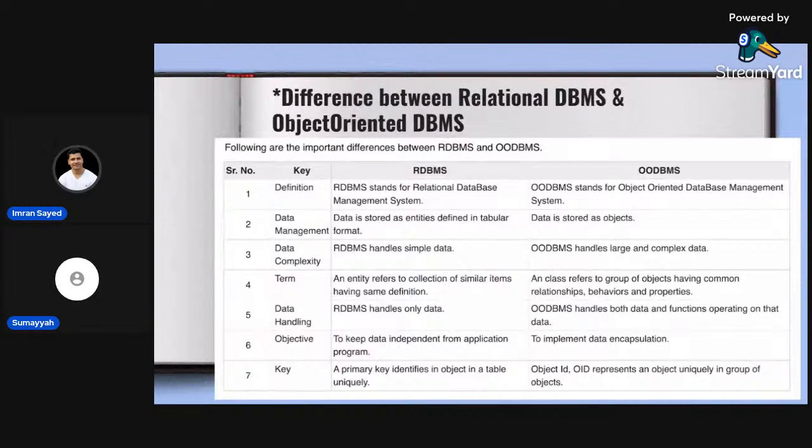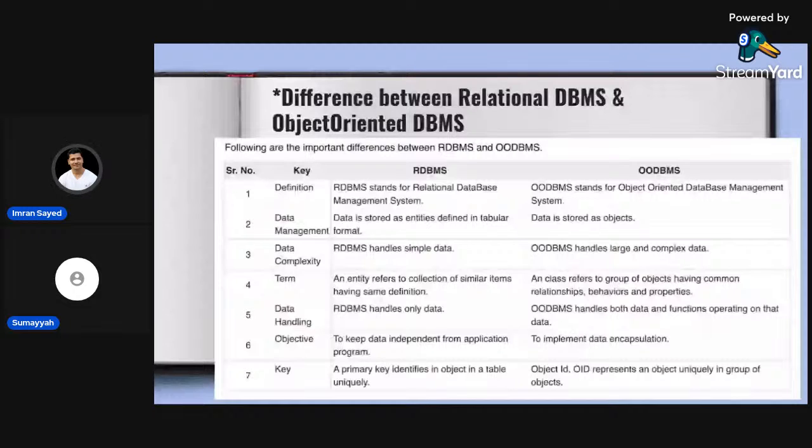In OODBMS, a class refers to a group of objects having common relationships, behaviors, and properties. RDBMS handles only data. OODBMS handles both data and functions. RDBMS's goal is to keep the data independent from the application program. OODBMS's goal is to implement data encapsulation. RDBMS uses a primary key. OODBMS uses an object key to identify an object in a table.